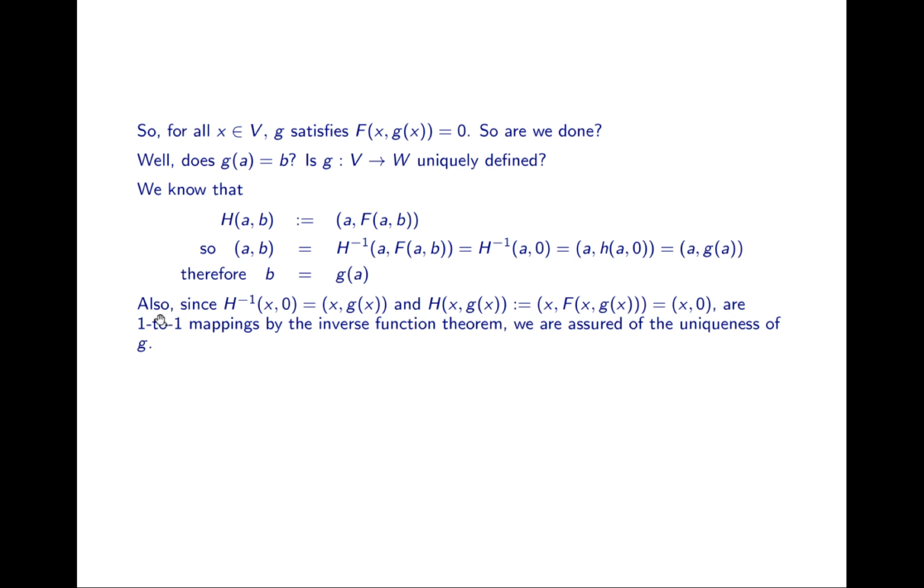And these are all one-to-one mappings that are guaranteed by the inverse function theorem. Therefore, we're assured of the uniqueness of g. Now we're done. Well, that's it for today.